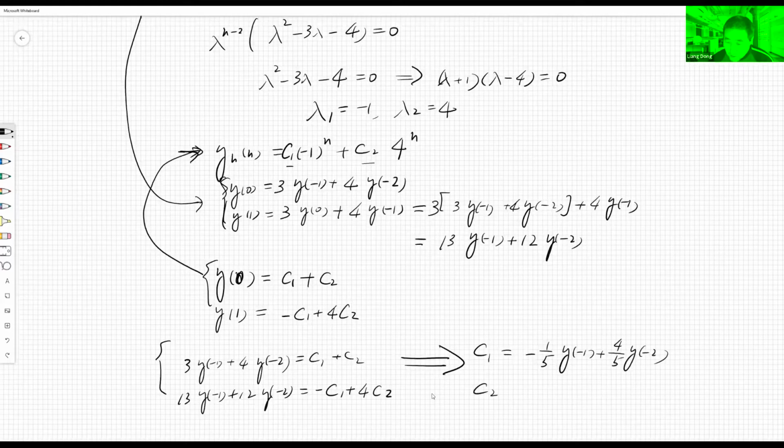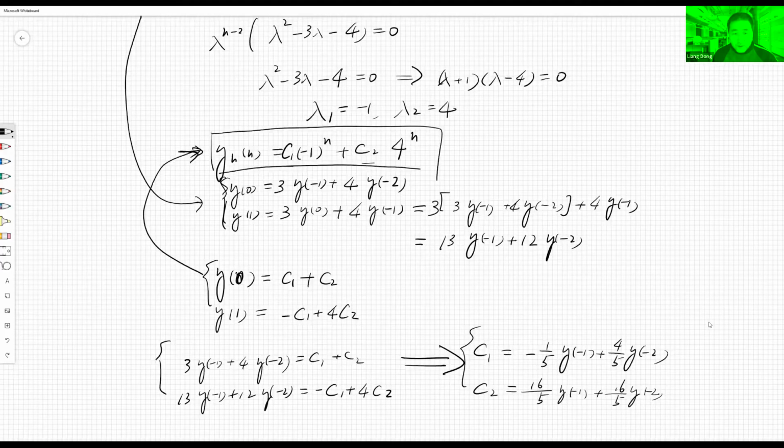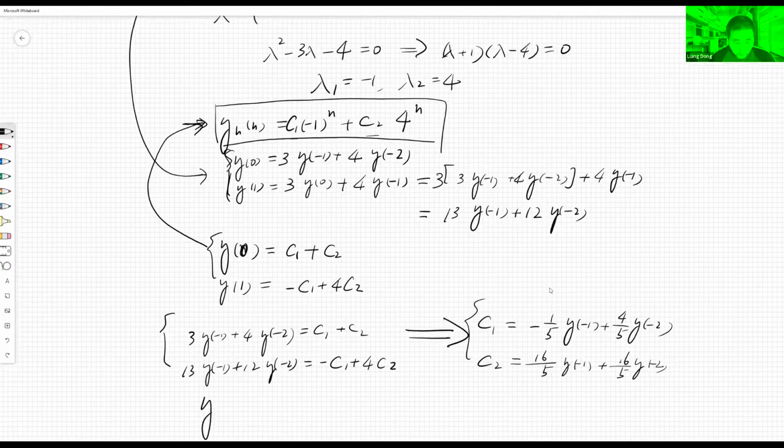And the C2 is equal to 16 over 5 y[-1] plus 16 over 5 y[-2]. Okay, we're solving for those constants C1 and C2. And then lastly, we just plug that into this format. We solve for the homogeneous equation and get a very specific output of y homogeneous solution equal to, you plug these two in, and then we find that.